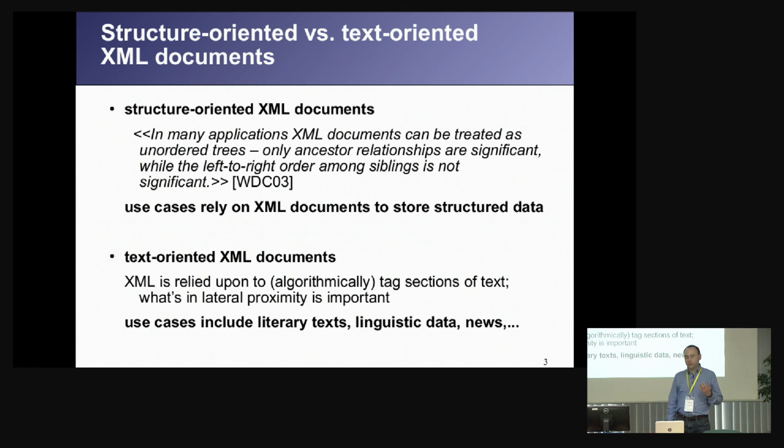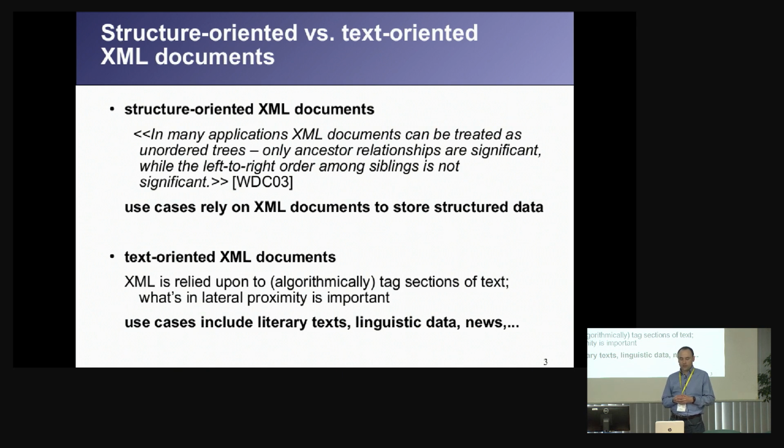XML documents are typically classified as structure-oriented or text-oriented. In the structure-oriented XML documents, in many applications, XML documents can be treated as unordered trees. Only ancestor relationships are significant, while the left-right order among siblings is not significant.